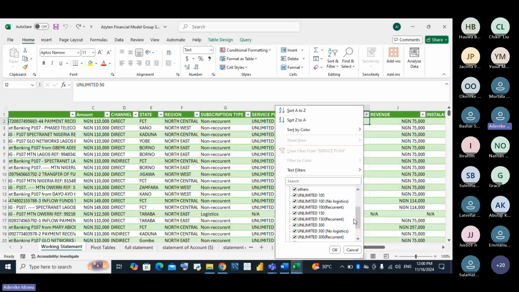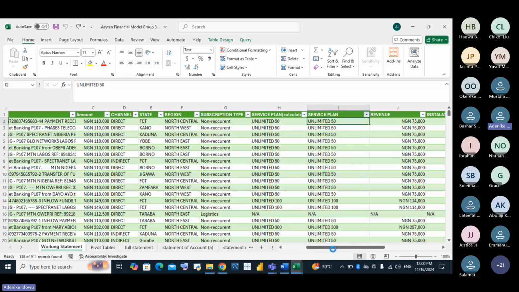When we grouped everything, we still discovered that some amounts of money were not directly related to the service plan, whether by amount or by date. So this one, like IP, let me show you this one. I put not available.